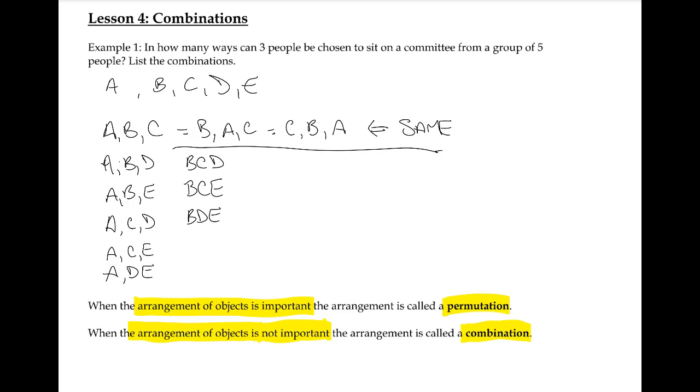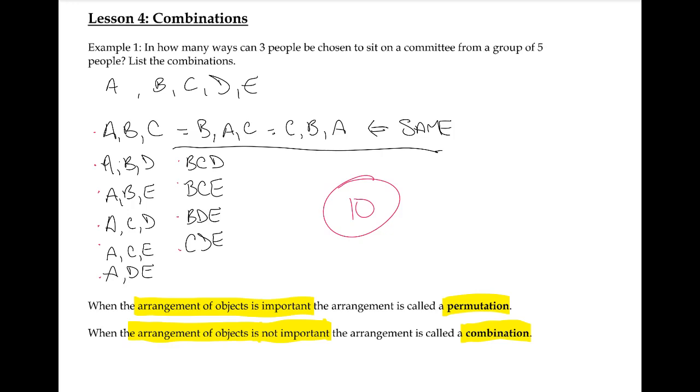Okay, then we could also start with C. Well, C, D, E, and that's the only other option, because anything else would be exhausting A. We've already exhausted A and B, so we can't do any more. So in total, we have 1, 2, 3, 4, 5, 6, 7, 8, 9, 10 ways that we can do this.